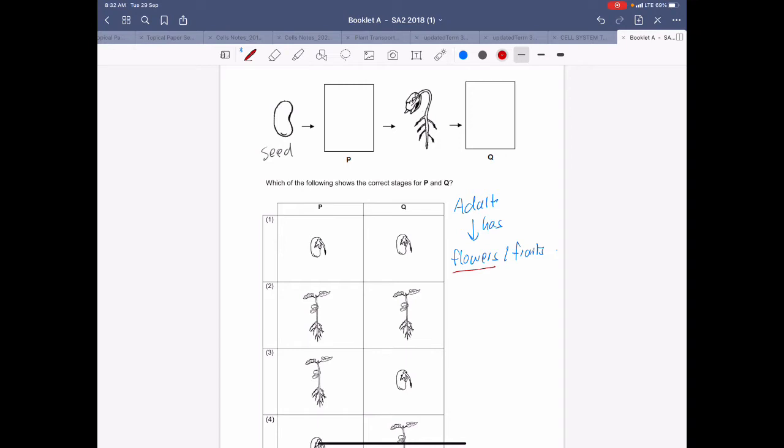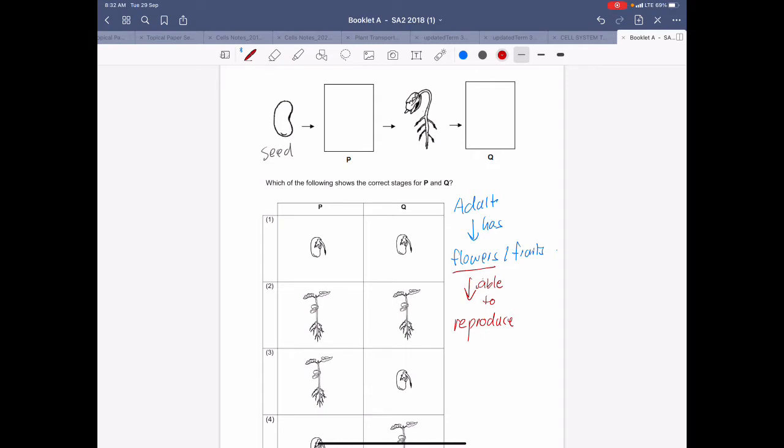Obviously, because with flowers, you're able to reproduce. And of course, when you see fruits, you know that it's for sure an adult plant, because in order to get fruits, you must have flowers first. And since having flowers is considered an adult, then fruits, which come after flowers, mean this plant must be an adult plant.